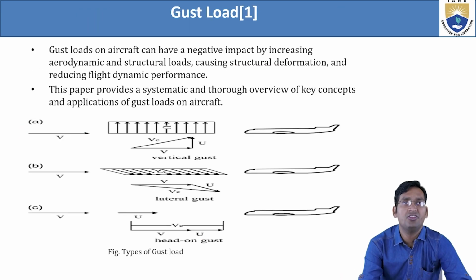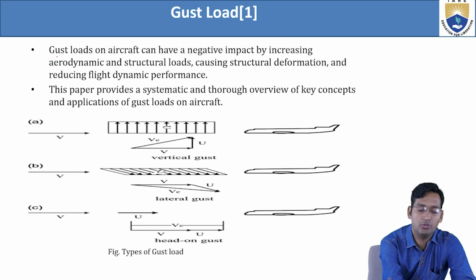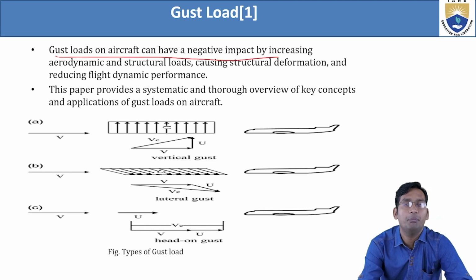Now next is gust load. Gust load on aircraft can have a negative impact by increasing aerodynamic and structural load. We cannot control the gust load, because we have already seen what gust load is, that is the air load.